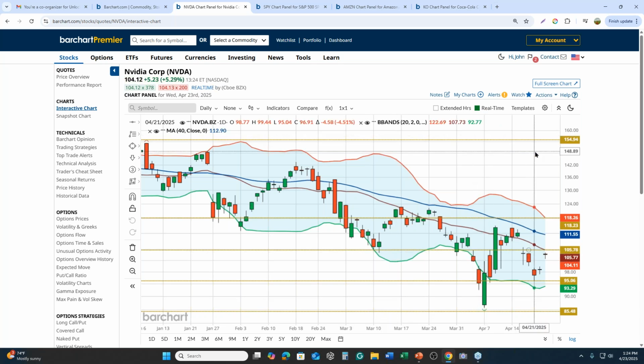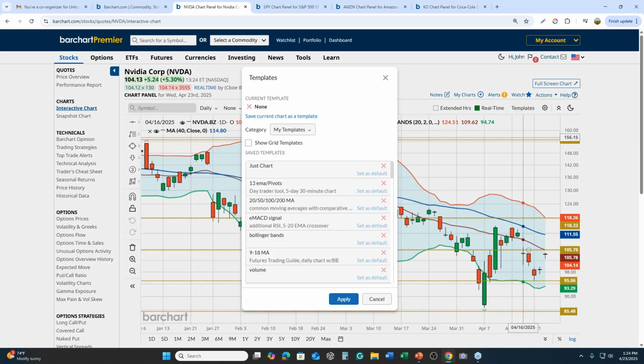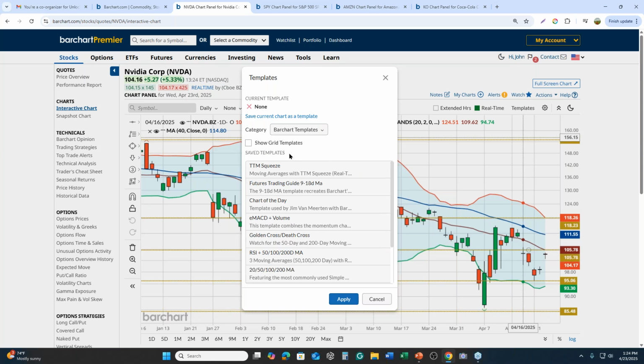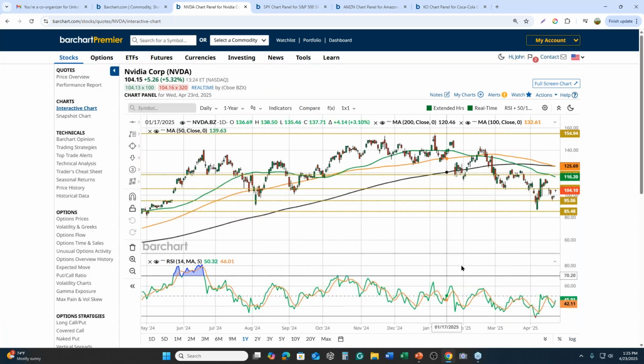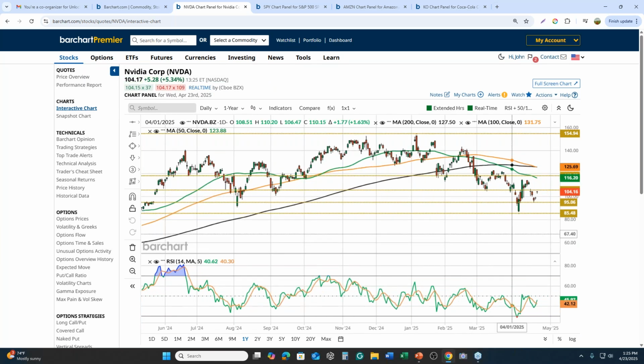Now, the other thing we can look at is, again, our moving averages. Under our templates here, if I go to Barchart templates, here is our RSI plus our 50, 100, and 200-day moving averages. Again, we're just eyeballing, trying to get an idea of what we see.